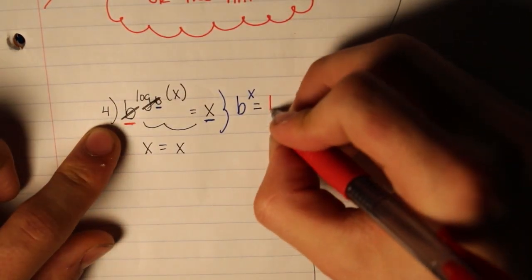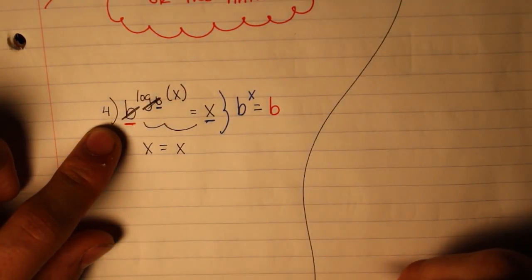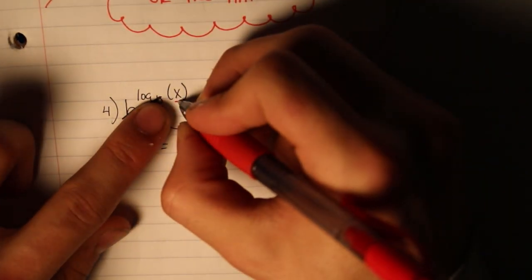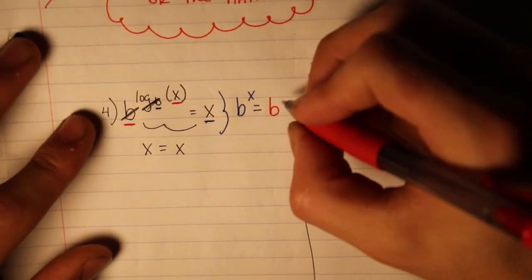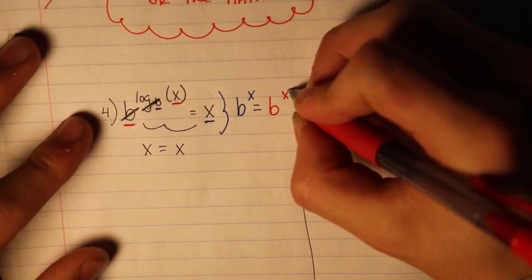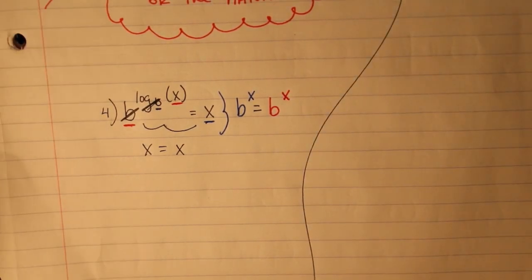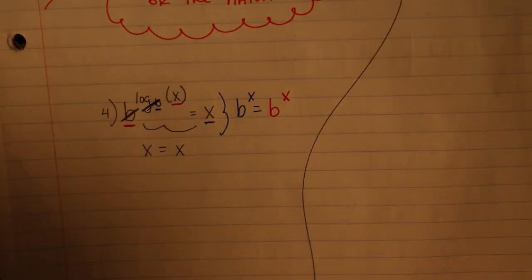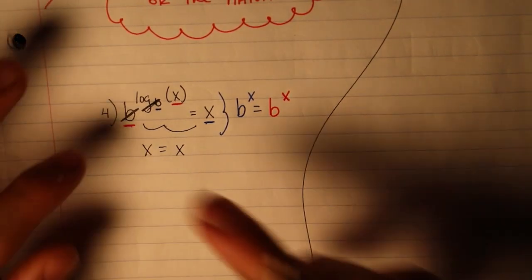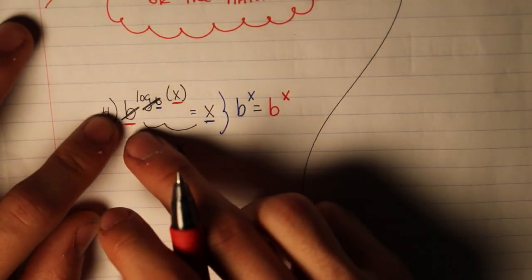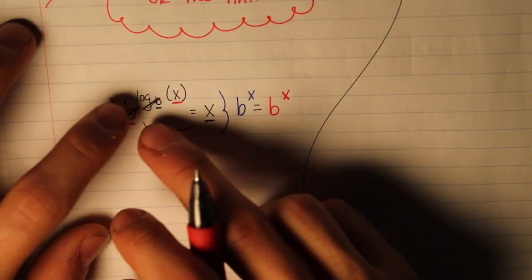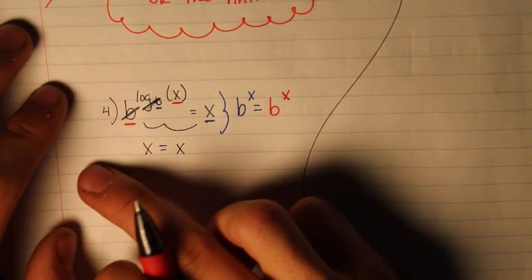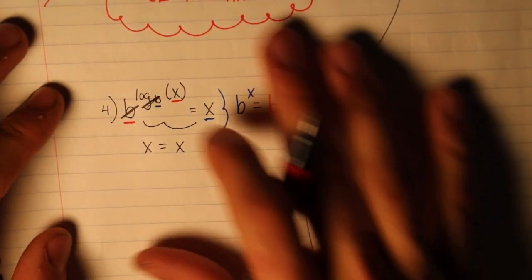So we have to include this bottom as part of our answer. And then this here is also part of our answer because the x value turns into our y. So again, that might have been a little confusing, but in all you're doing here is canceling out the base of the exponent with the base of the log. The base of the exponent and the base of the log are the same. They cancel out. All right?